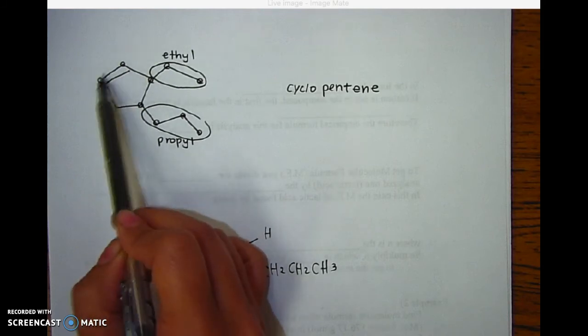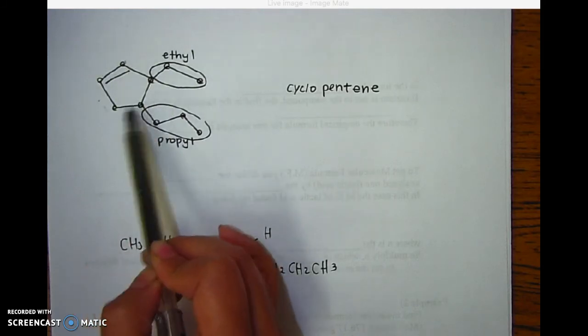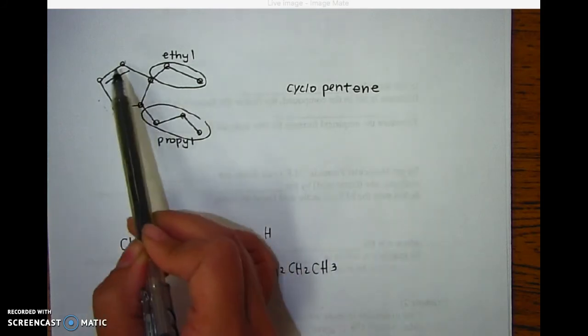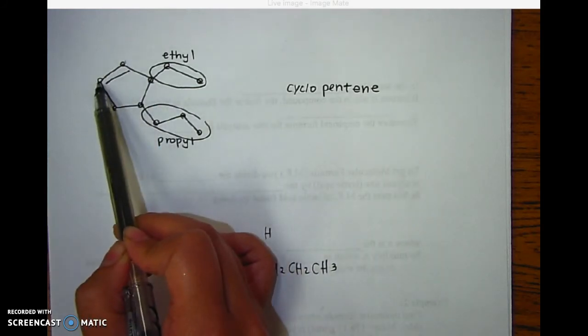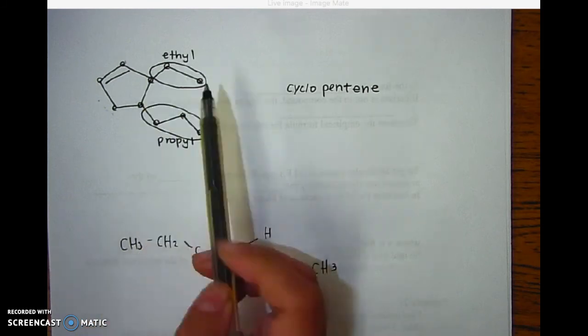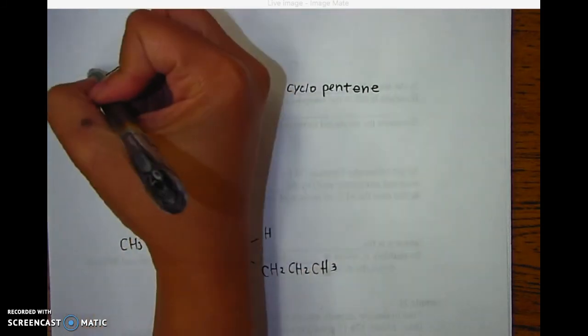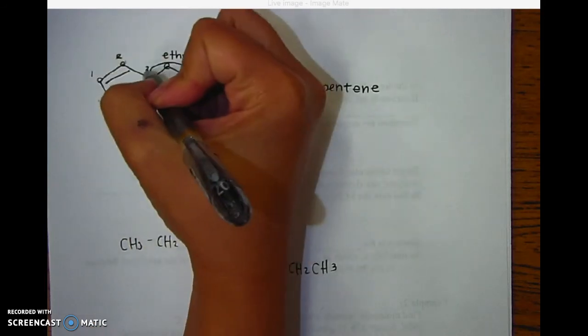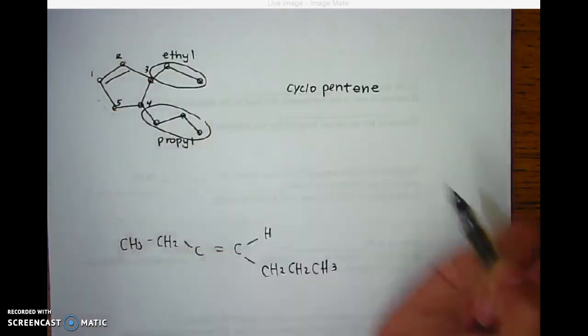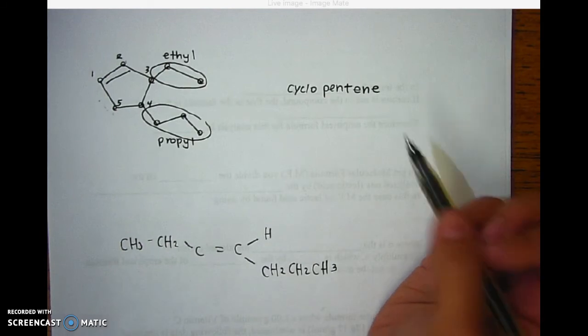So I could go 1, 2, 3, 4, 5, or I could also go the other way, 1, 2, 3, 4, 5. But remember that you want to get the lowest numbers to the branches as possible. So I'm going to start here, 3, 4, 5. And then we could go ahead and start naming it.